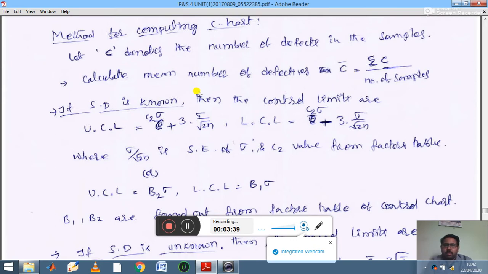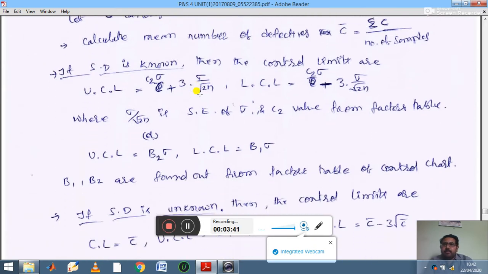Then go for UCL and LCL. Again there are two sets of formulas: when sigma is known and when sigma is unknown. When sigma is known, you need to use the formula UCL equals C2 sigma plus 3 into sigma by square root of 2n, and to calculate LCL, C2 sigma minus 3 into sigma by square root of 2n.